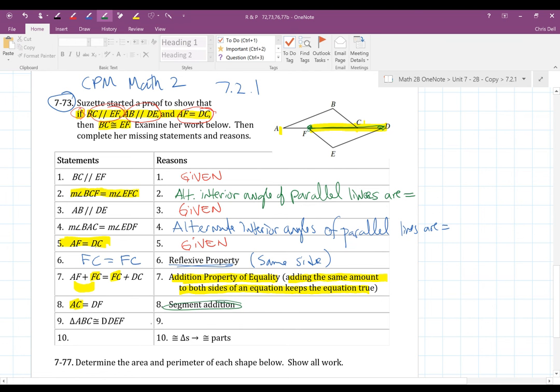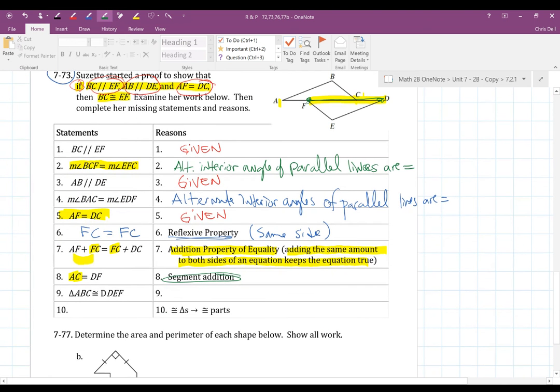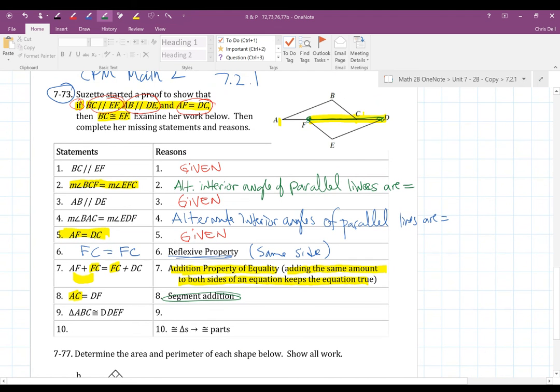All right, we're almost there. Now I know that triangle ABC is congruent to triangle DEF. How do I know they're congruent? Well, I have congruent sides: AC is congruent to FD.